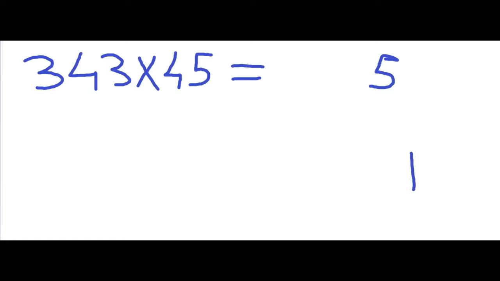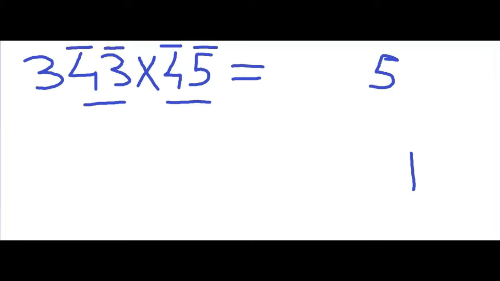So in the next step, consider the last two digits from both numbers, means consider this 43 from these numbers and consider 45, and do the cross multiplication between these two numbers, means multiply the 4 to the 5 and multiply the 3 to the 4 and add them.